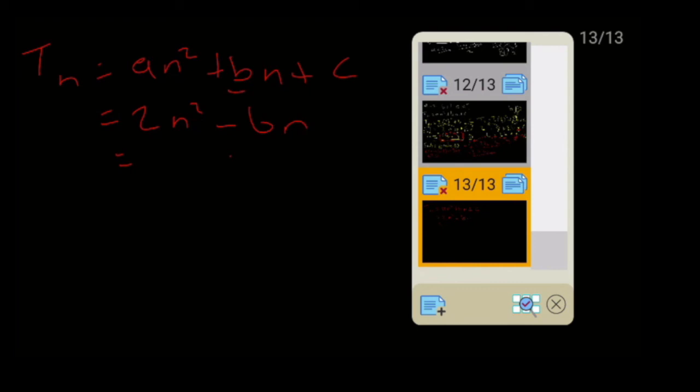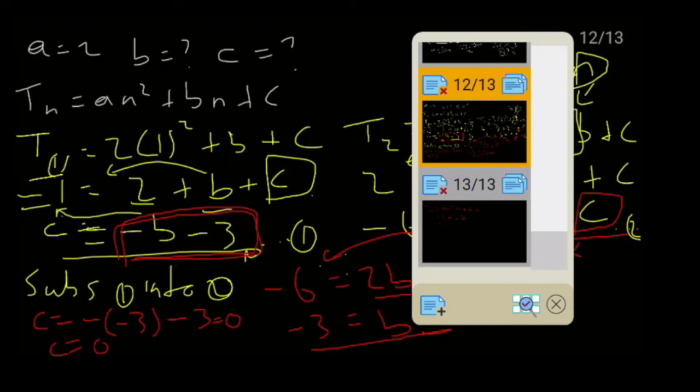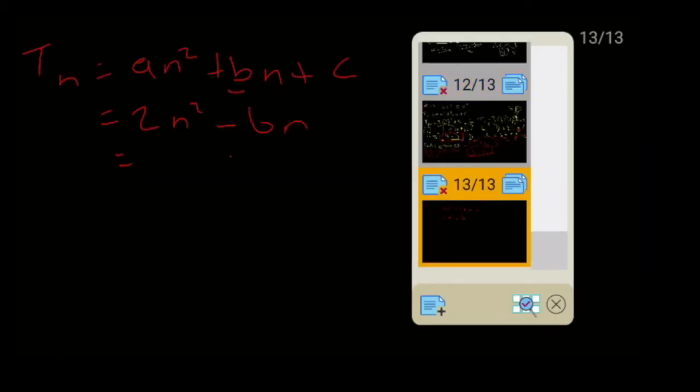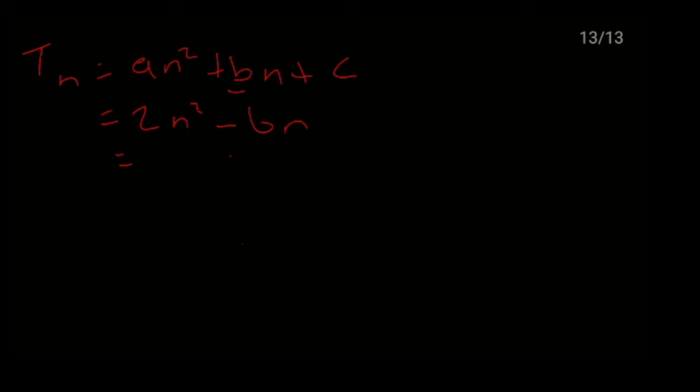Let me just go back and check. Our b is actually negative 3, sorry. So let's fix that. Our b is negative 3. So it's 2n squared minus 3n. That's your general term.